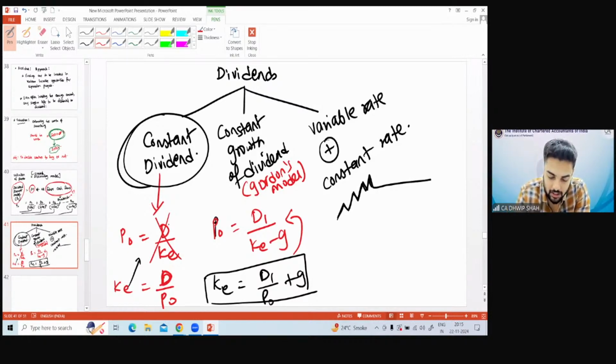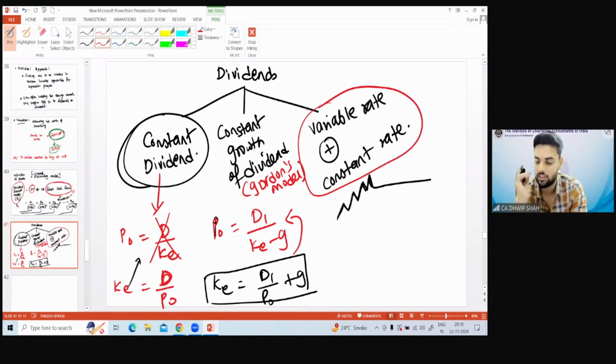Because the assumption of the first formula is that dividend should remain constant. Are you following? So I cannot apply this formula D upon KE. Yes or no? We are focusing on this model, variable rate plus constant rate model. So we cannot apply the constant dividend model formula because there is an assumption of that formula that D should remain constant. But in our third model, D is variable initially. So we cannot apply that formula.